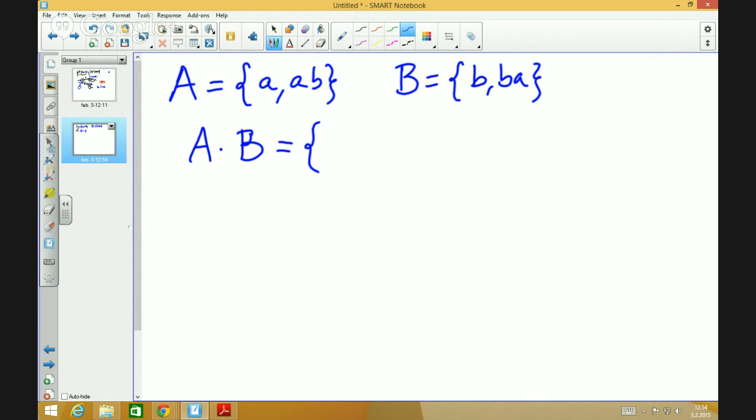Well, that's a language, so it's a set of strings. But what strings are they? Well, remember the algorithm. It's the set that contains all of the strings that you can form by taking some string in capital A, some string in capital B, and concatenating them together. Okay, so what are these strings?